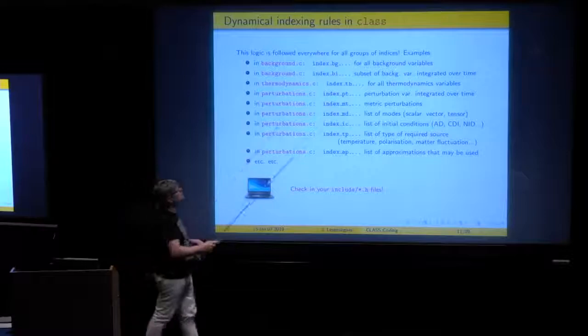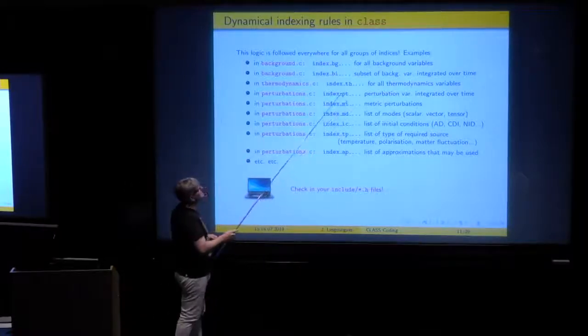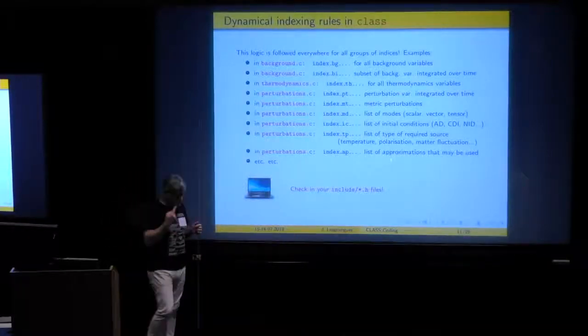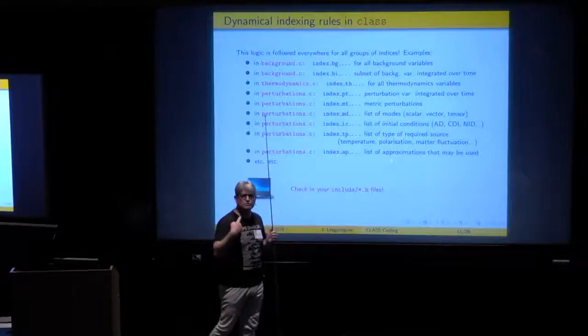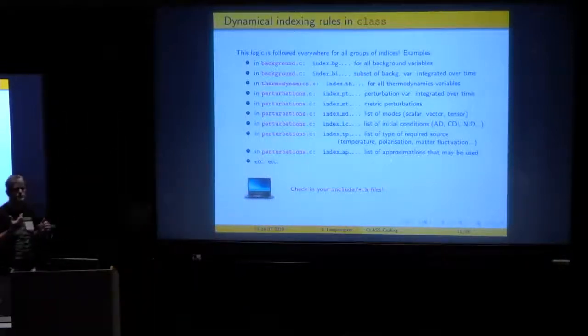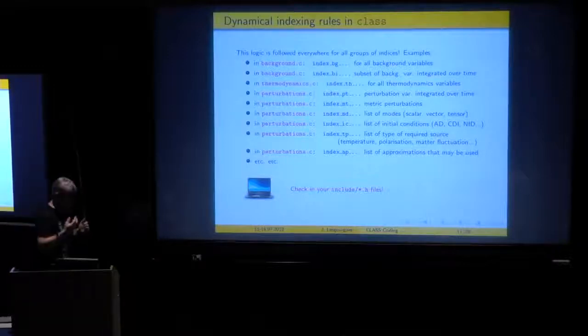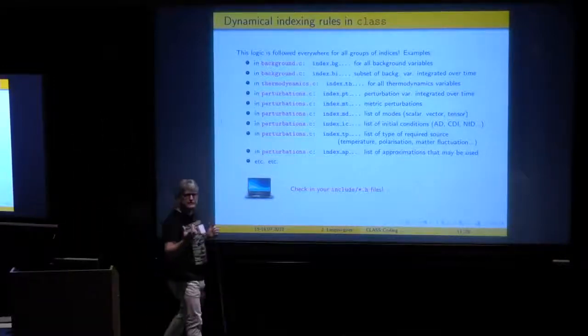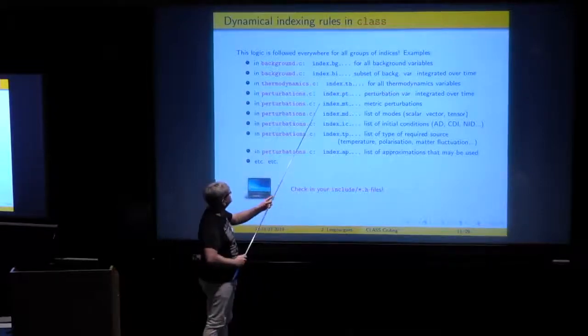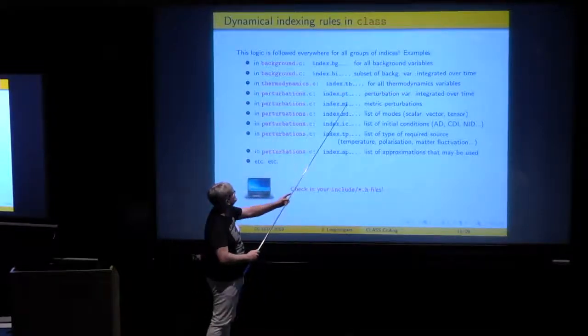For instance, metric perturbations are not part of index PT because they are not necessarily integrated over time. In the Einstein equations, we have constraint equations. So the metric perturbations, for instance h of the synchronous gauge or psi of the Newtonian gauge, are not part of the differential system, but they are part of the index of metric perturbations, which is index MT.